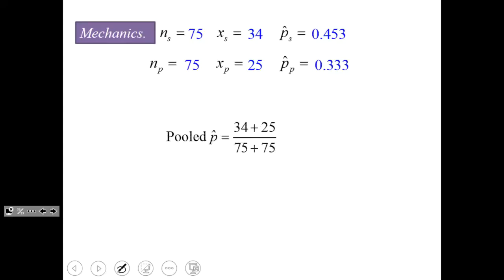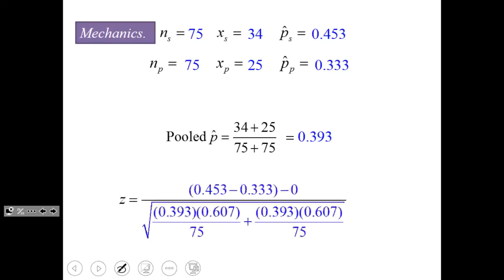Our pooled, so 34 plus 25 divided by 150. We pooled our data. So now we have a statistic we can use for testing our hypothesis. Our p-pooled is going to be 0.393. So we find our z-score, 0.453 minus 0.333, minus 0 because that's our mean if we expect there's no difference.